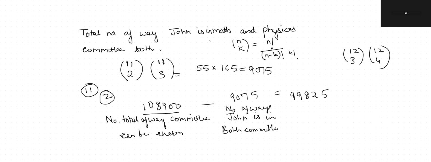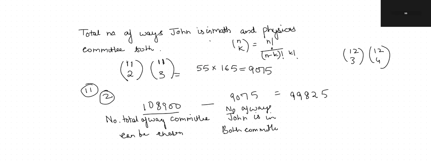Since both are independent, we multiply 11 choose 2 by 11 choose 3.